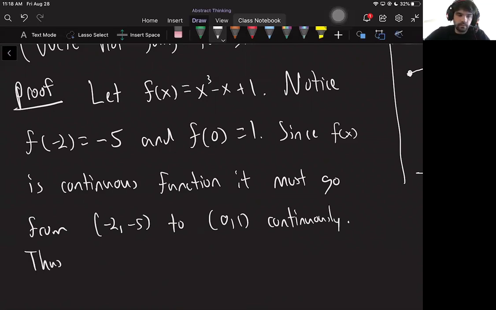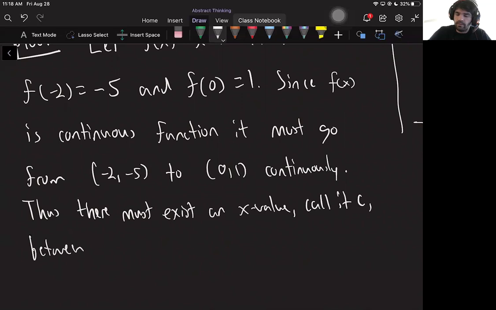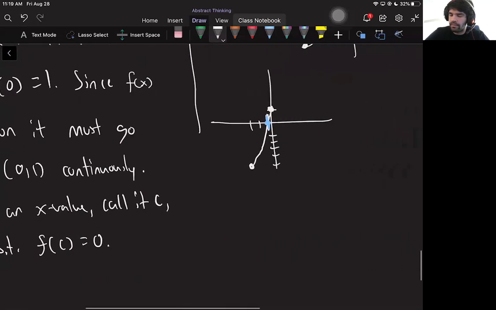Thus, there must exist an x value. I don't know what it is, but I know it exists, and I'll just call it C, between the two things I plugged in, -2 and 0, such that when I plug it into the function, I get 0 to pop out.